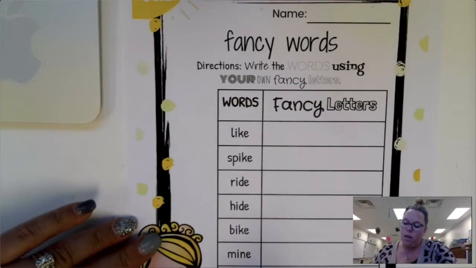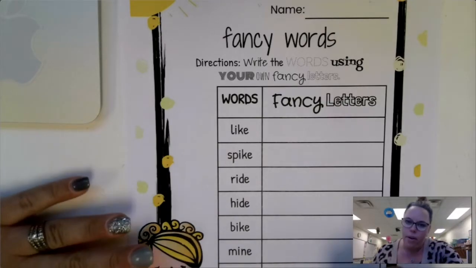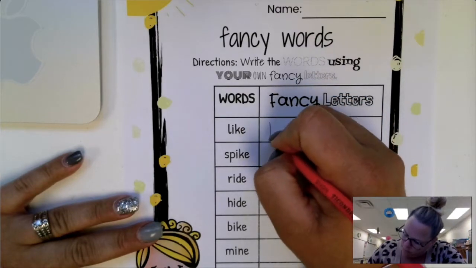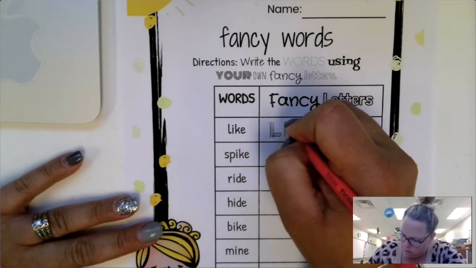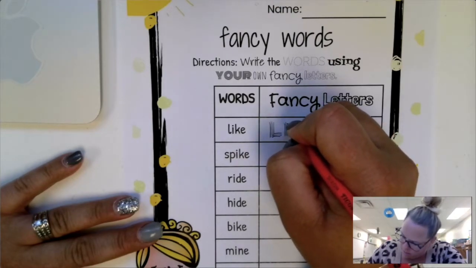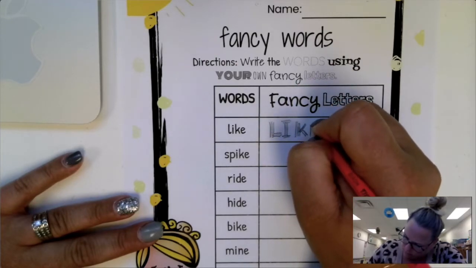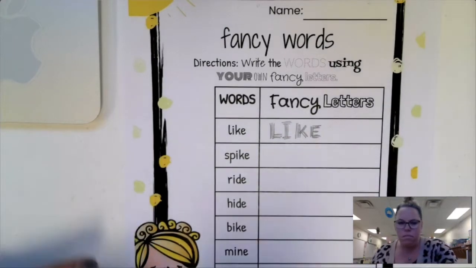On the back side, remember this is your fancy words. You get to go ahead and make them however it is that you want to make them. So this word like, maybe I'm just going to make it like that.